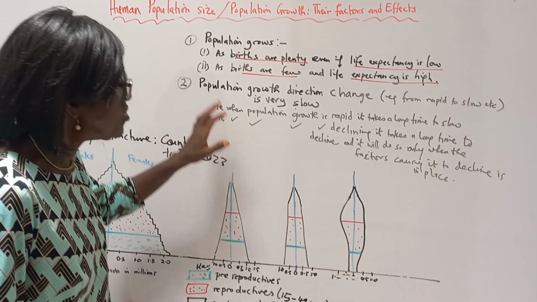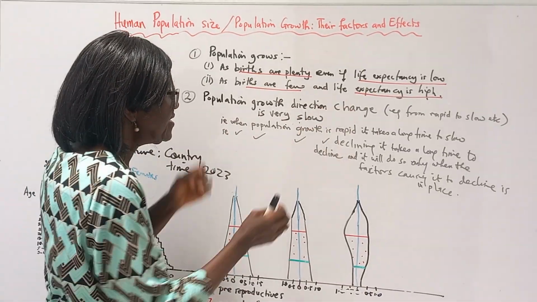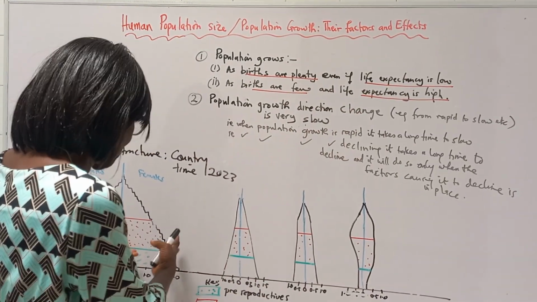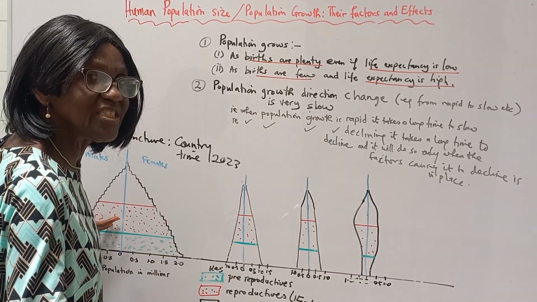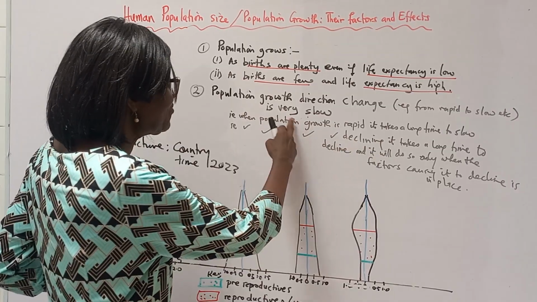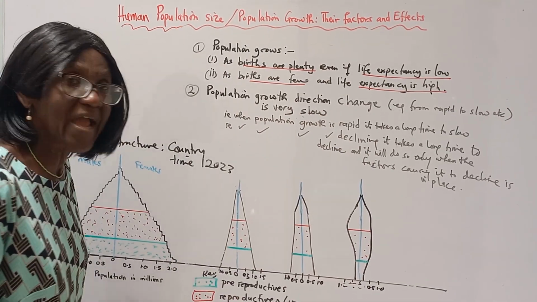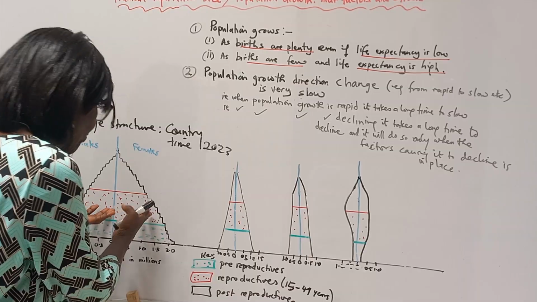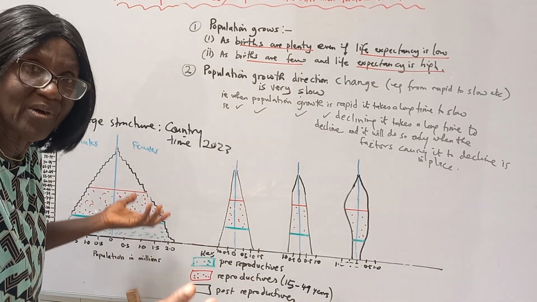Then population growth direction change. That is, if a population is rapidly growing, to change it to a slow growth will take many years. It's very slow. You understand why it's slow? It's slow because reproductives are always giving birth.